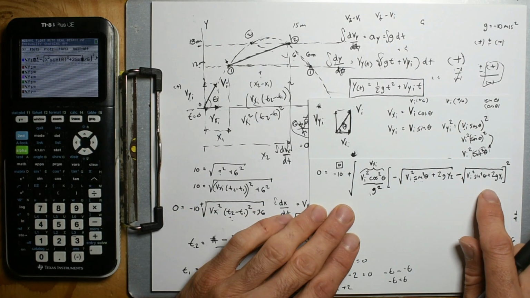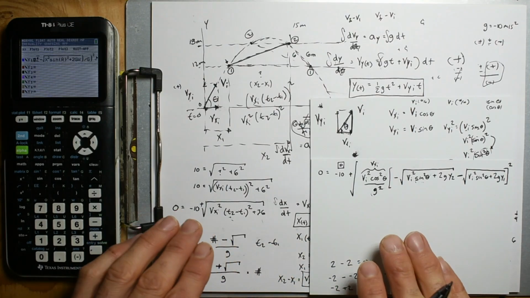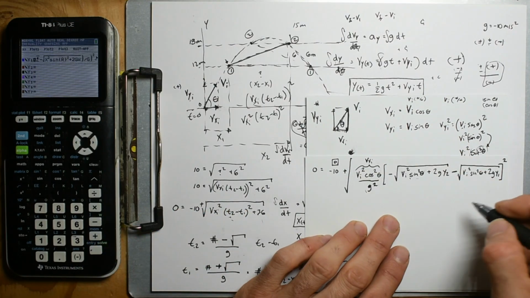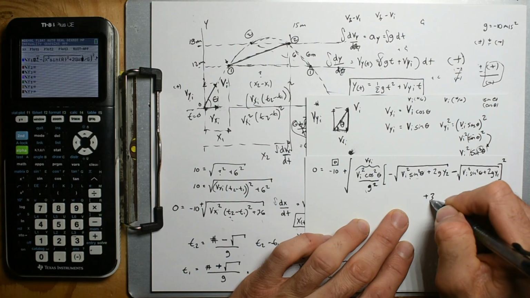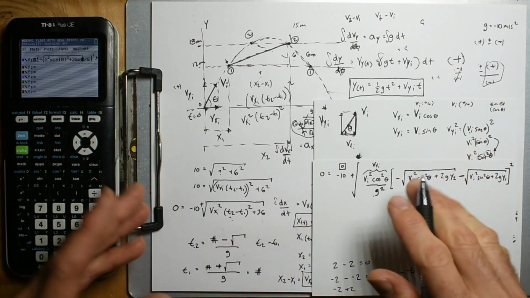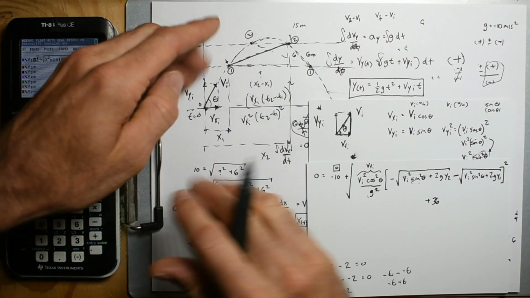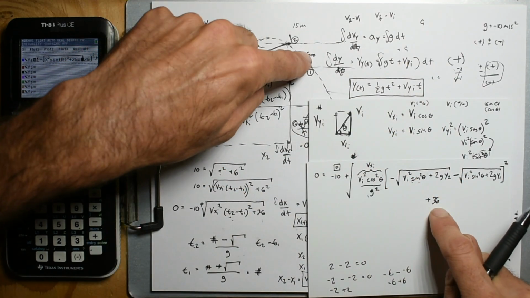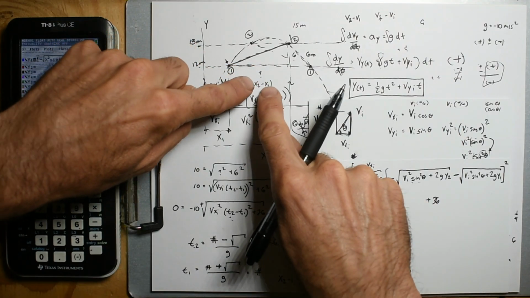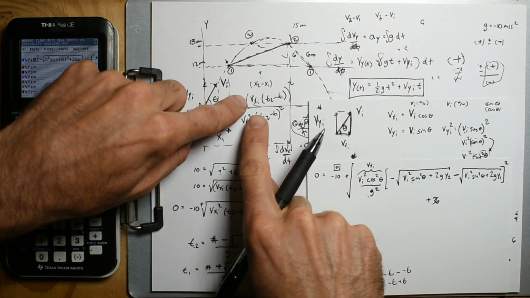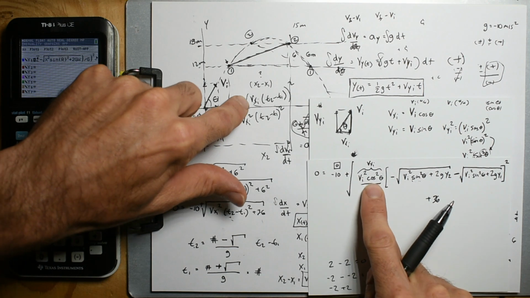Okay, and then we have plus 36, because again it's just the Pythagorean theorem. We're doing 10 squared on one side, which is equal to 6 squared plus this distance squared. That's this equation, and we squared the equation.